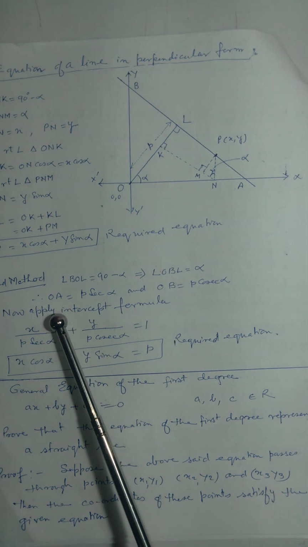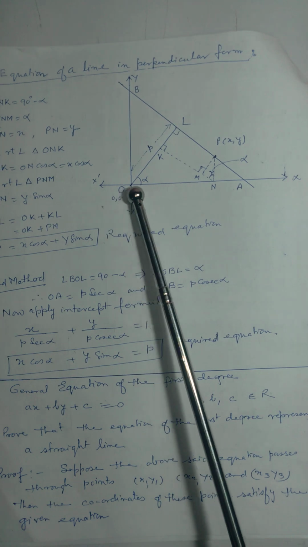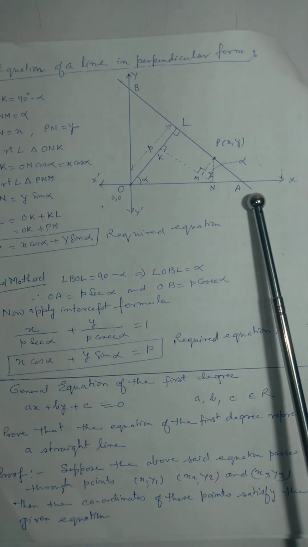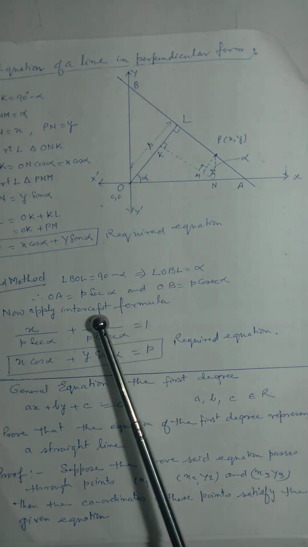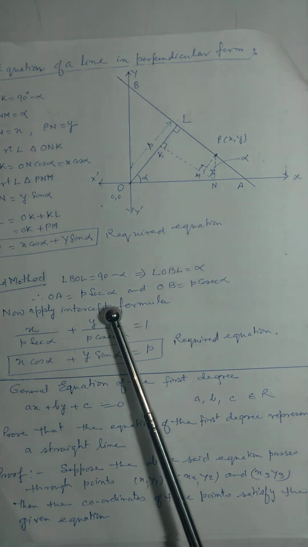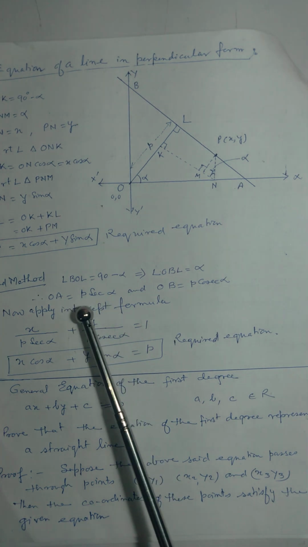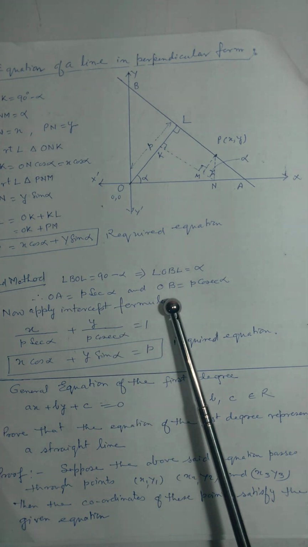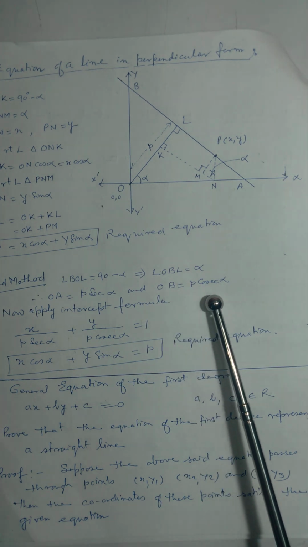So OA is equal to p sec alpha, secant alpha, and OB is equal to p cosecant alpha.